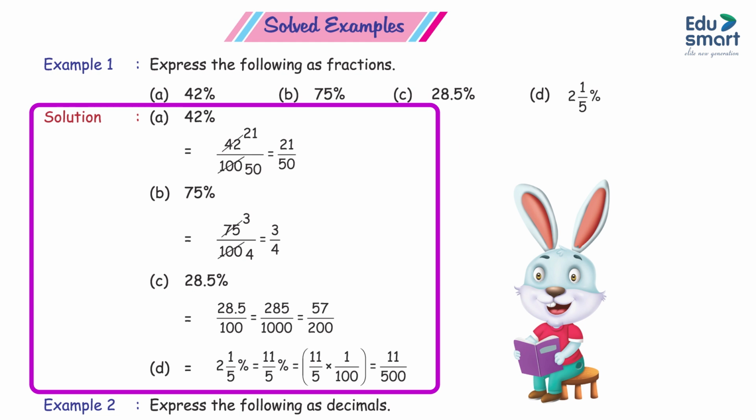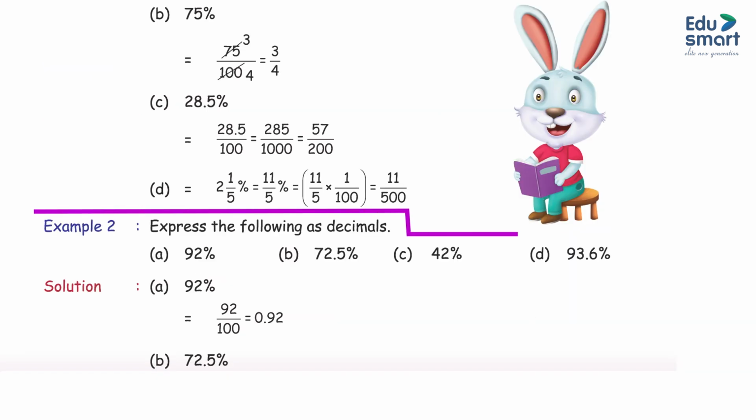C 28.5%. 28.5 upon 100 equals 285 upon 1000 is equal to 57 upon 200. D 1/5% is equal to 11 upon 5% is equal to 11 upon 5 into 1 upon 100 is equal to 11 upon 500.